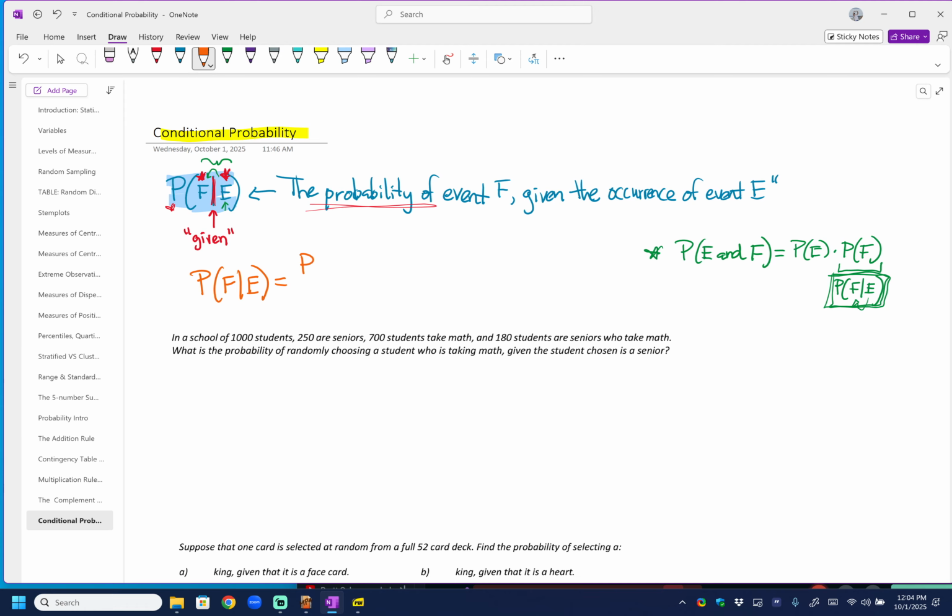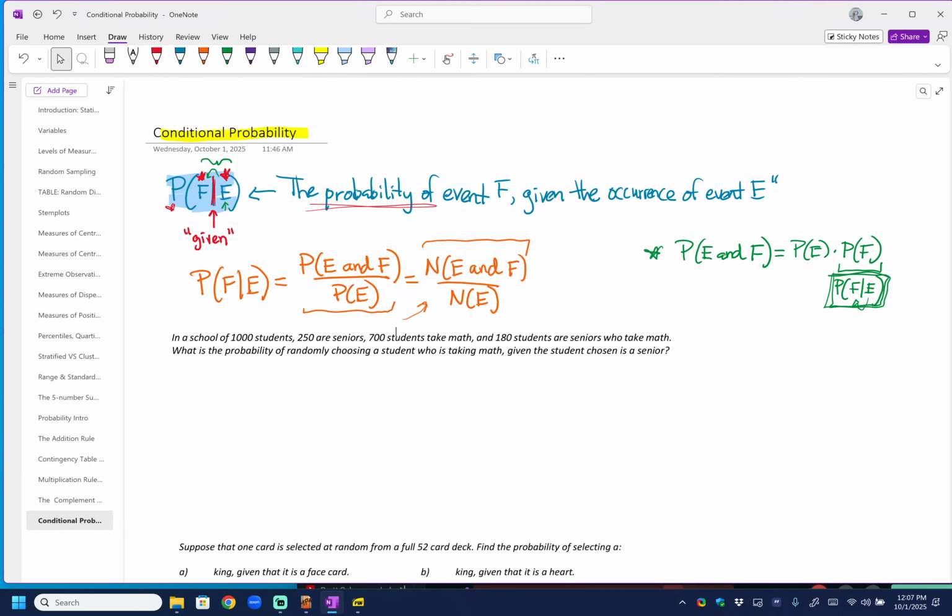The probability of E and F over the probability of E, but also the number of outcomes in E and F over the number of outcomes in E. We will tend to use this formula more often, believe it or not, but I'm going to show you some more details with examples just to show you why we will tend to go in that direction. But first, we will use this formula just to show you why we end up with this one eventually.